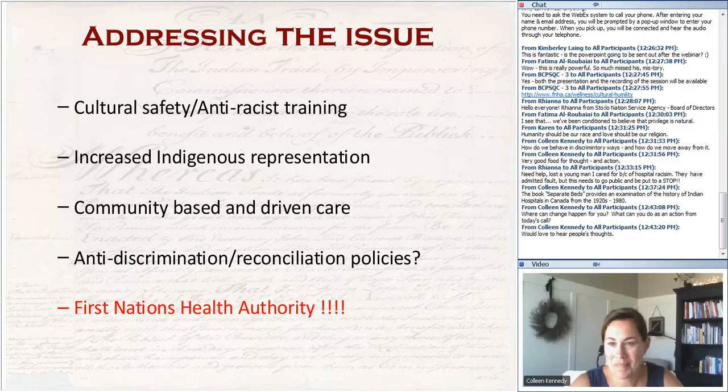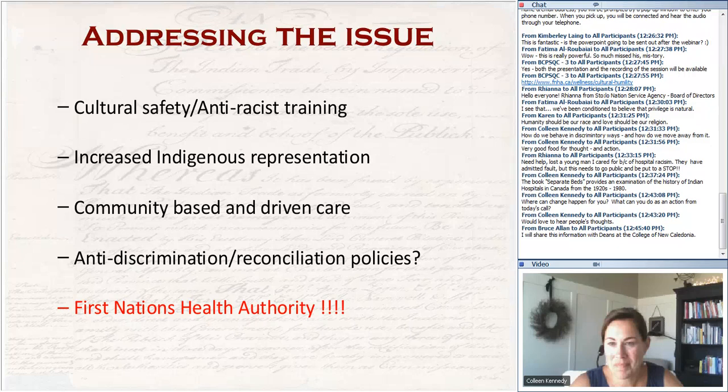So the First Nations Health Authority is a perfect example of that, right? This is occurring at a structural level where Indigenous leadership has been taken on as part of the health governing in British Columbia, right?